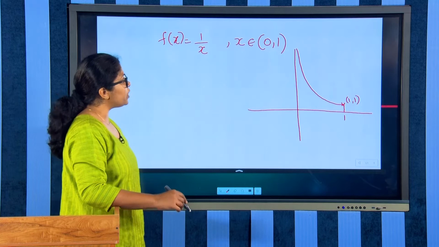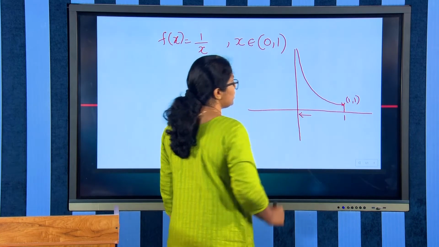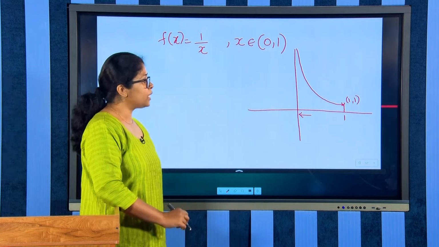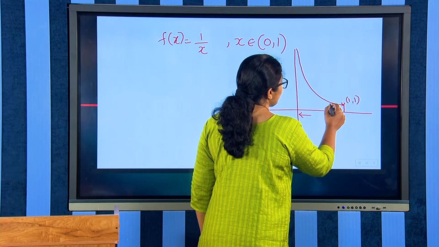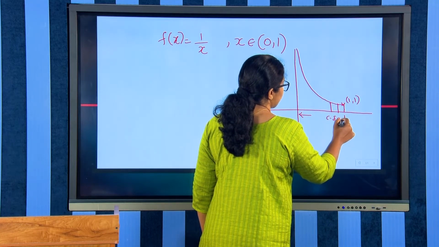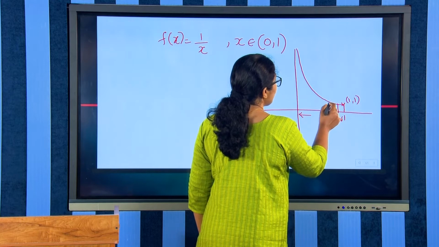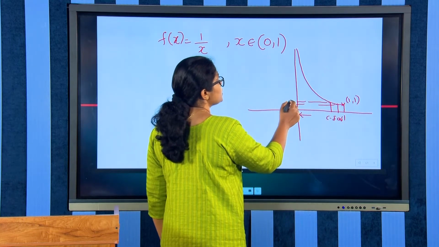But when we consider the points near 0, if we take a particular interval here, say c minus delta, c plus delta, the variation in the corresponding values of the function is this much.